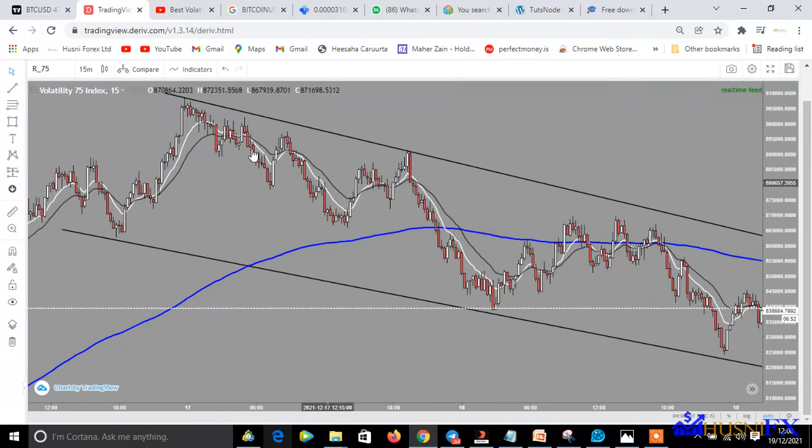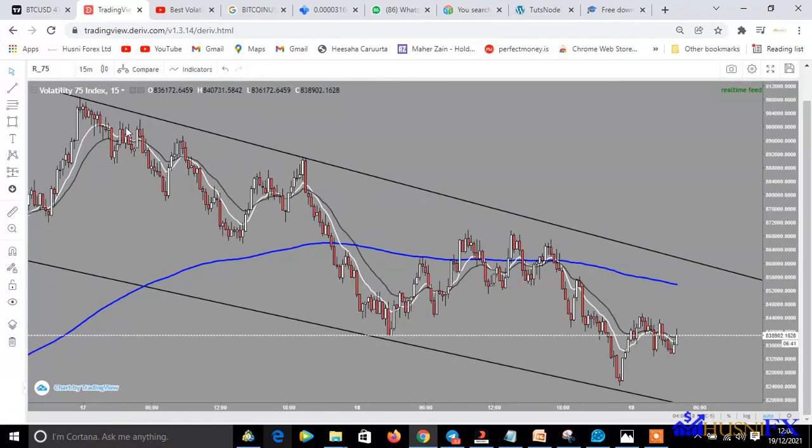You can clearly see what I was talking about. All the time, if you want to sell, you have to look for selling opportunities at this area and buying opportunities at this area. As we know, at 1 hour the market has given us that this is a correction, and generally the market is in an uptrend.